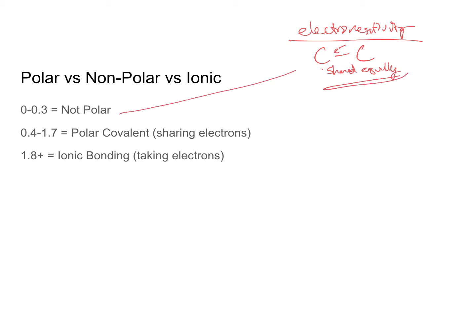And so this would be an example of a nonpolar bond because they are the same atom and they're sharing the electrons equally. When we start getting into things like polar covalent, these are sharing electrons, but they might not share them equally. A good example of this would be a carbon double bonded to an oxygen. So this is really electronegative.